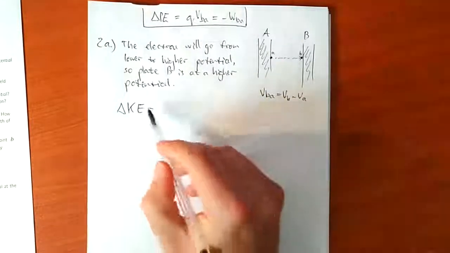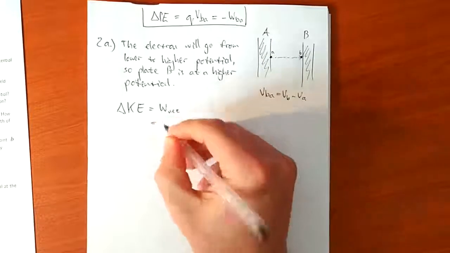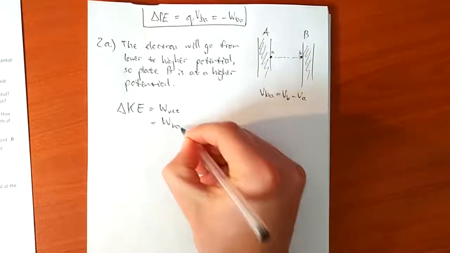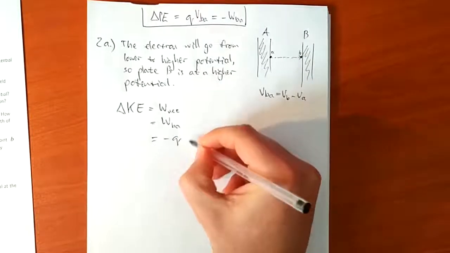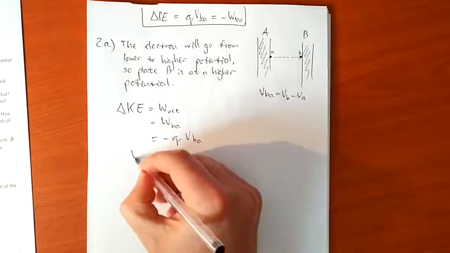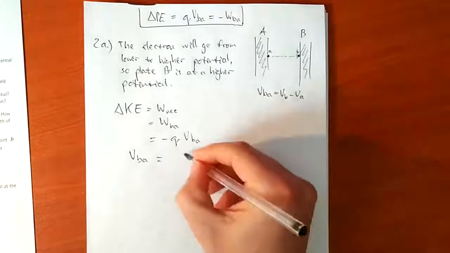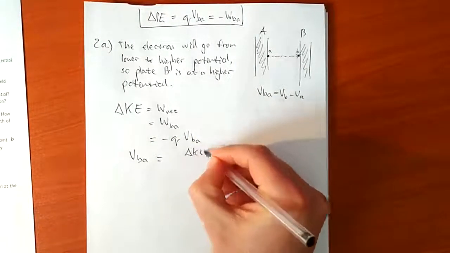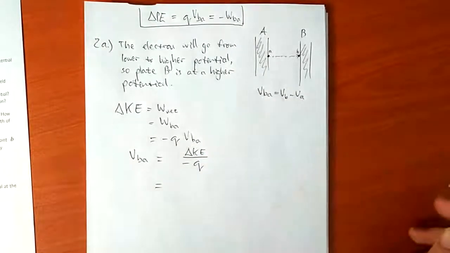The change in kinetic energy will be equal to the net work done on the particle, which in this case is just the work done by the electric field on the particle, which according to this is equal to minus Q VBA. In other words, VBA, which is what I am after, is equal to the change in kinetic energy over minus Q.